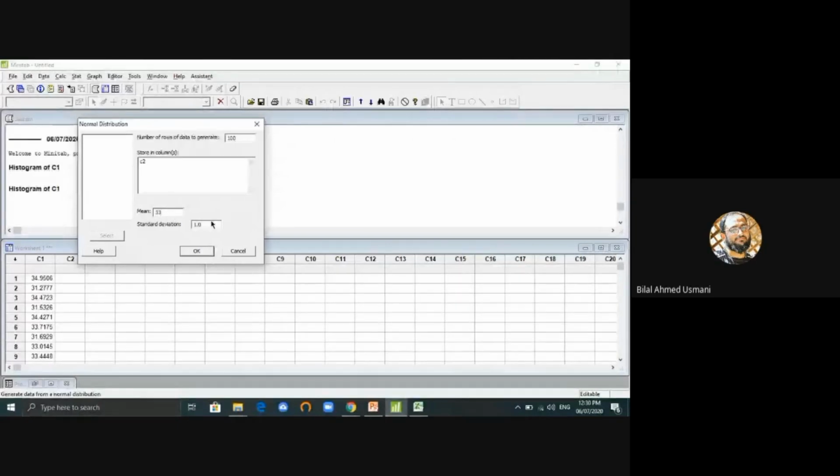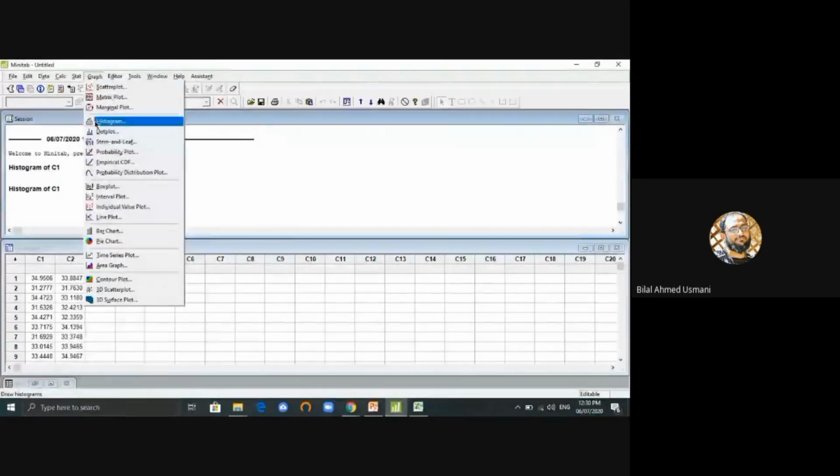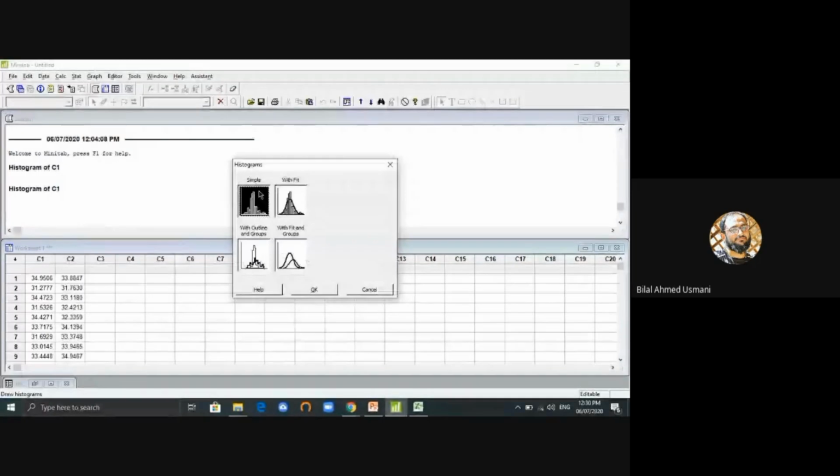Standard deviation? Let's take 1.5. 1.5 is done. Now, if I plot it, what should it look like?